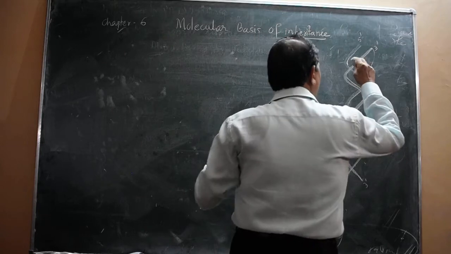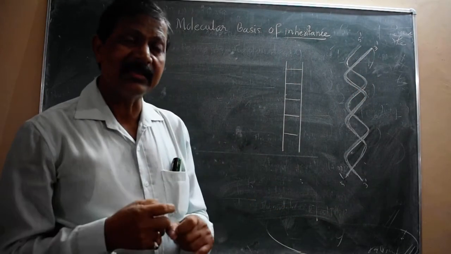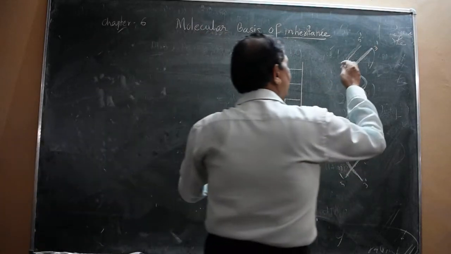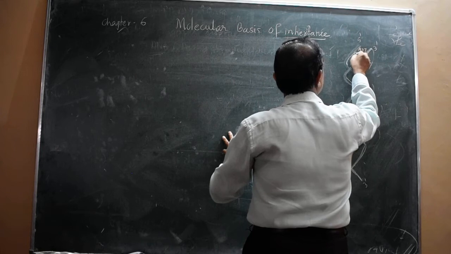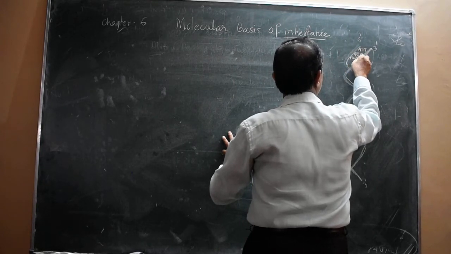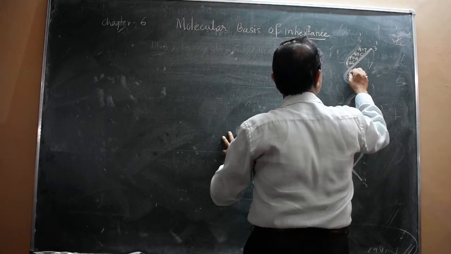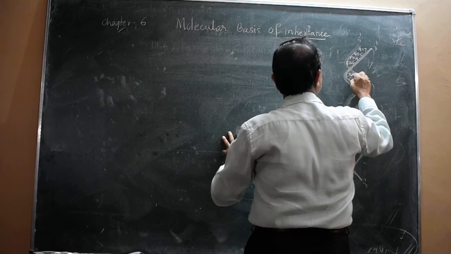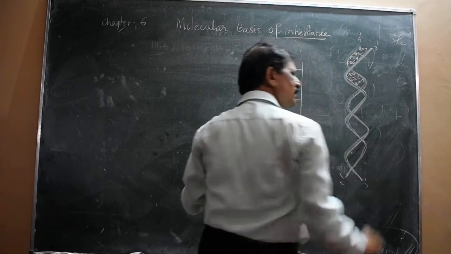How are these nucleotides attached to one another? Here A double bond T, G triple bond C, T double bond A, C triple bond G, C triple bond G, G triple bond C, A double bond T, like this, in this fashion.